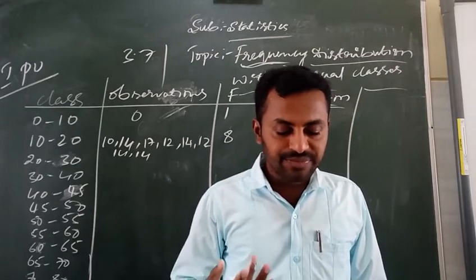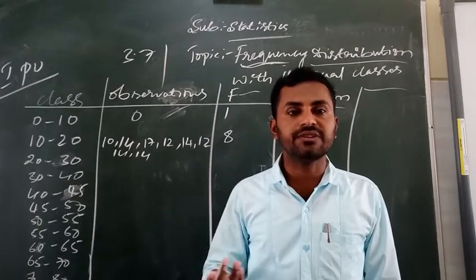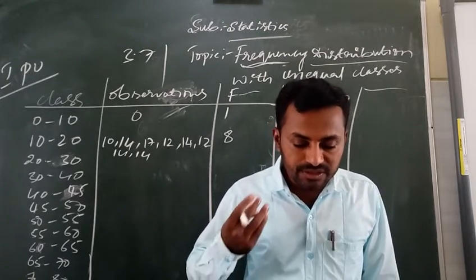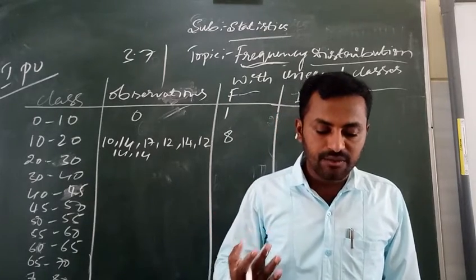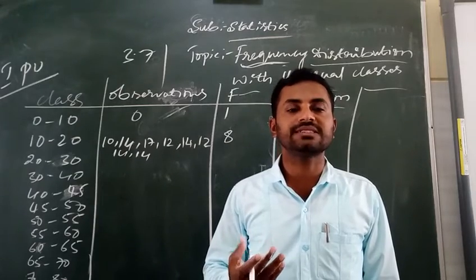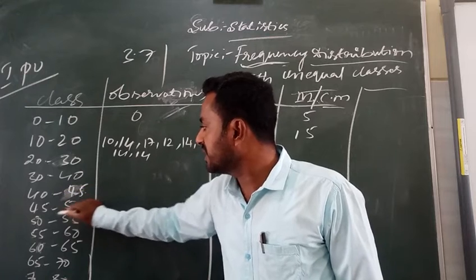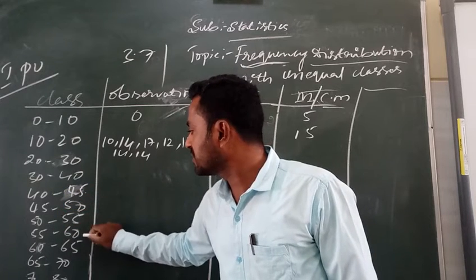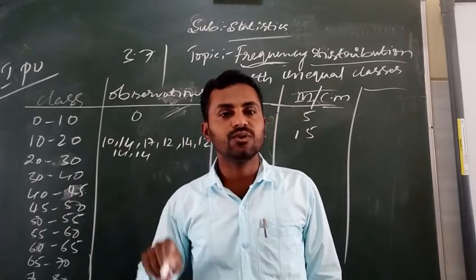Then the class 60 to 70 is divided into 2, 60 to 65, then 65 to 70. Which are the new classes here? 40 to 45, 45 to 50, 50 to 55, 55 to 60, 60 to 65, 65 to 70. These are the new classes.